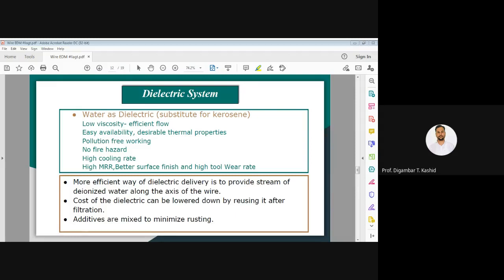Again, your cost of dielectric can be lowered by reusing it after filtration, because if you use the dielectric once, then some debris or crater particles may get into the used dielectric fluid. After filtration, you can remove that and reuse it. Again, you can add some additives to minimize rusting. So that also we need to consider.